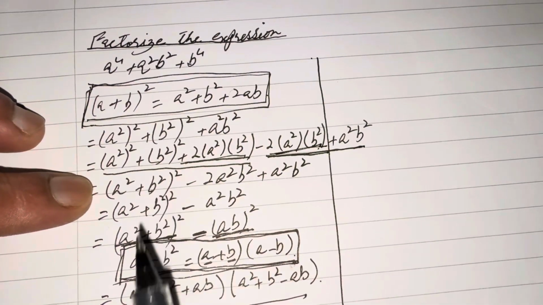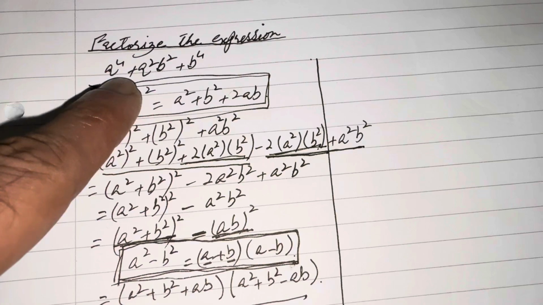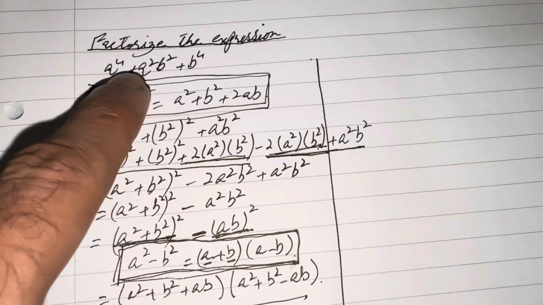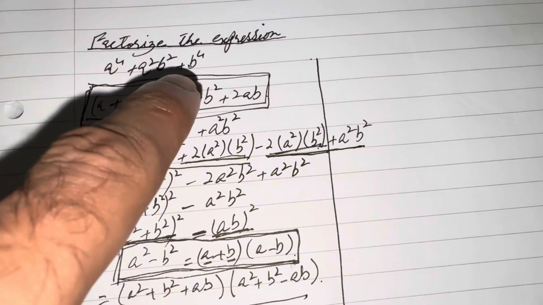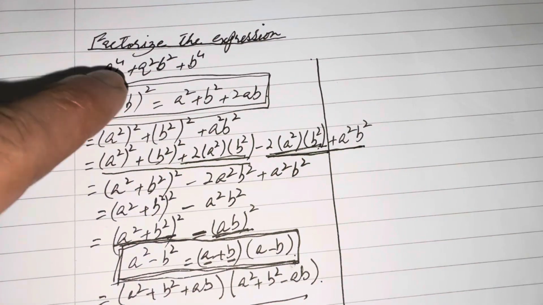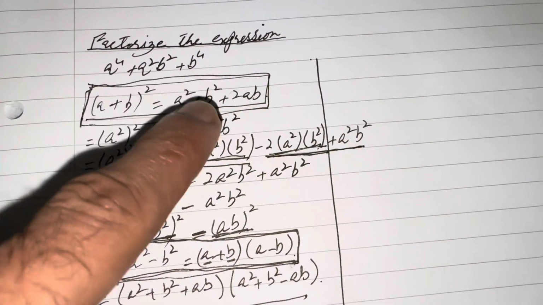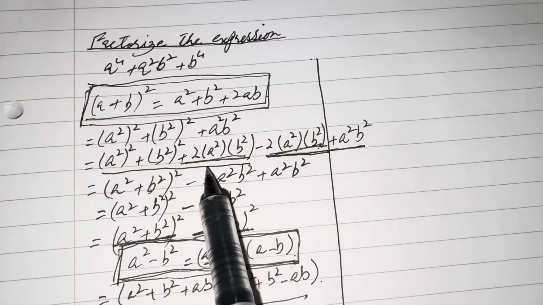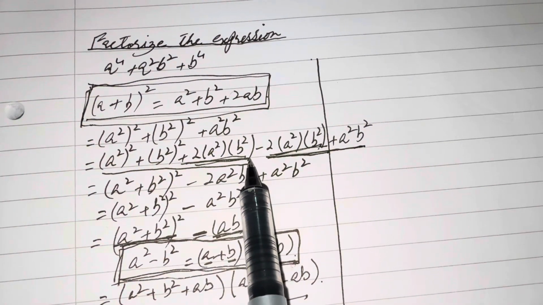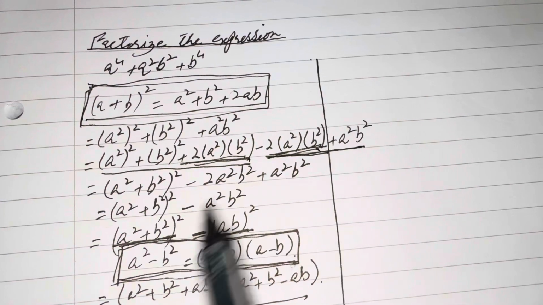in the expression that is given, like an example of a raised to power 4 plus a raised to power 2, b raised to power 2 plus b raised to power 4. So that's why we have added this 2 into first into second and this minus 2 into first into second.